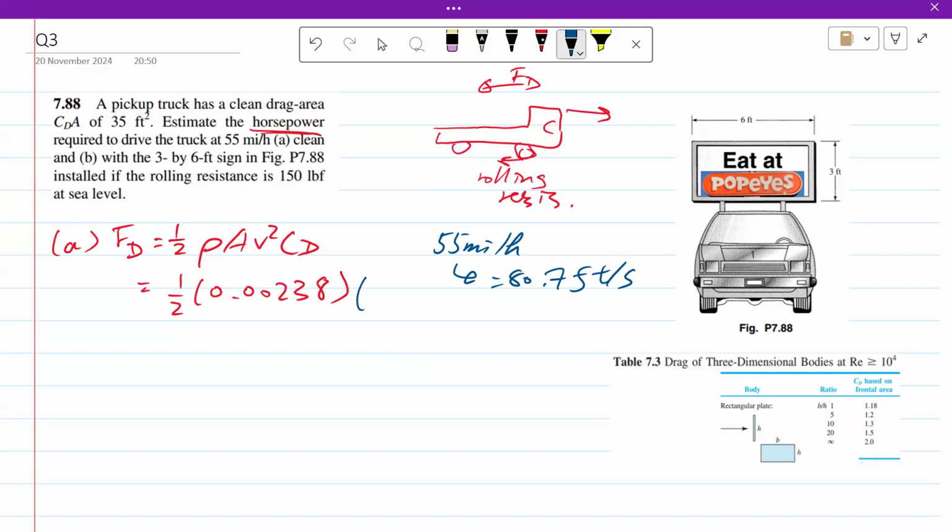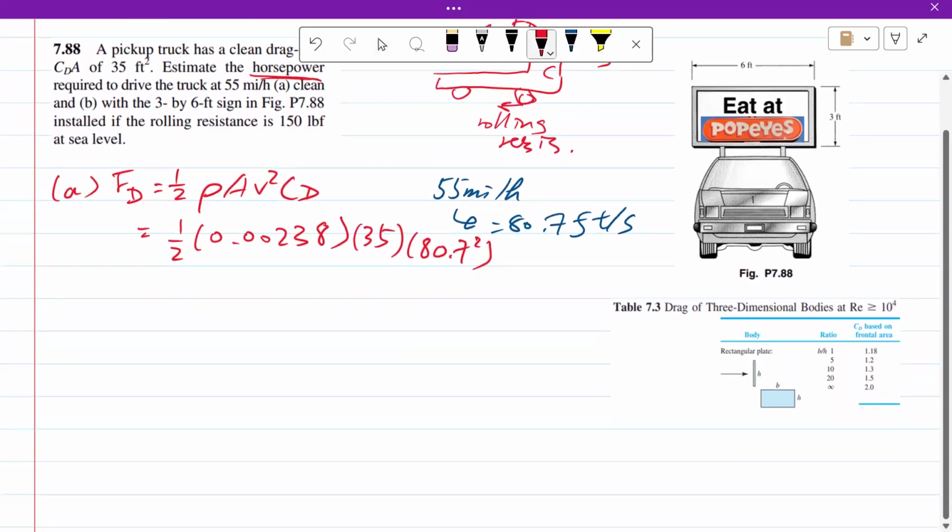35 and then 80.7 squared. That's going to give us 271 pound force.